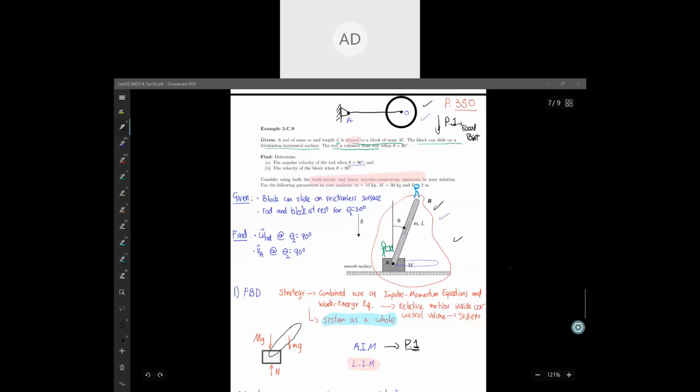And that is that in this problem up, the system was fixed as a whole. I mean, there was a point that was never translating. Point A was fixed, and this point never moved. Okay? So if there is a point that never moves, then you know that linear impulse momentum is not going to be so useful, because linear impulse momentum requires translation.